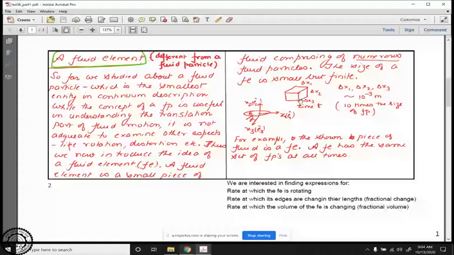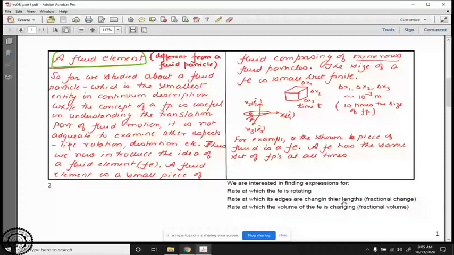All right. What are the specific questions we are interested in addressing? We want to find expressions for the rate at which this fluid element is rotating and the rate at which its edges are changing their lengths. We will look at the fractional change, that is, by what fraction the length, which is right now delta x1, changes with time.